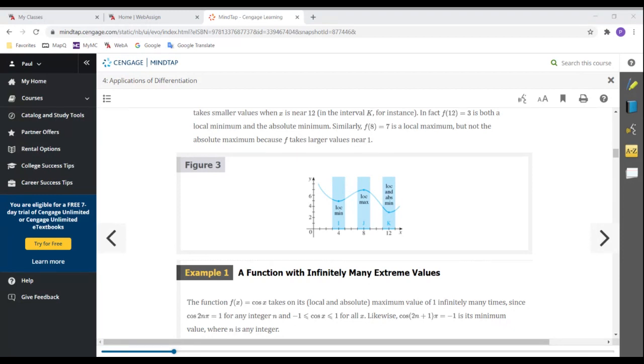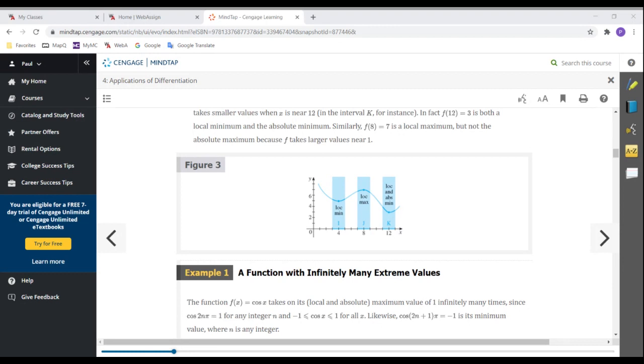Think about the tangent line to that blue function. The tangent line is going to be flat, right? So what's the slope of a flat tangent line at x equals 4? 0. That's right, everybody.